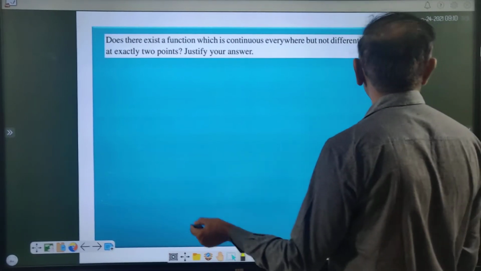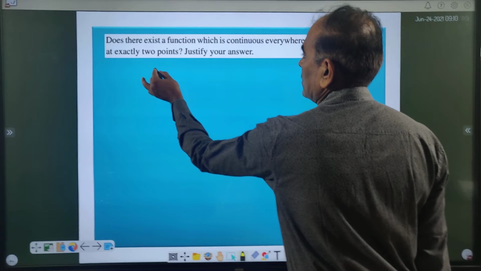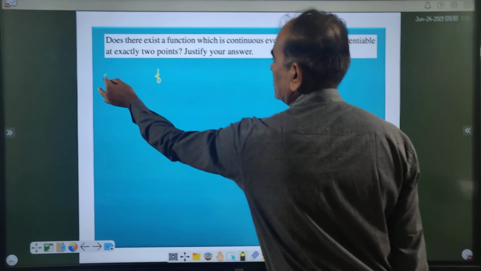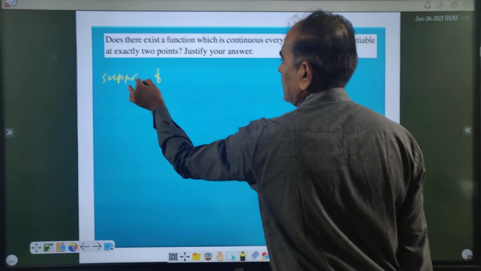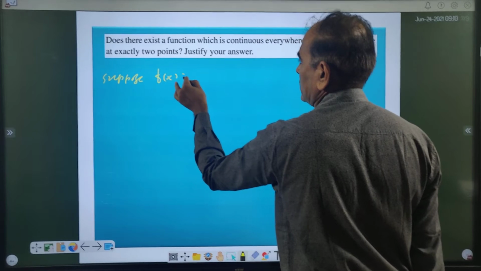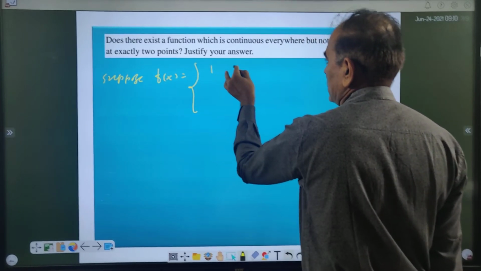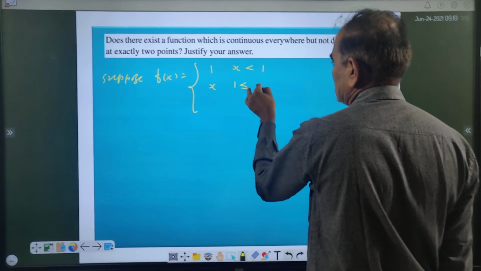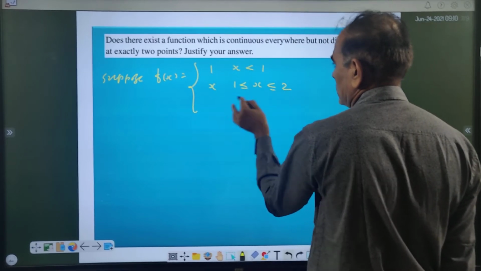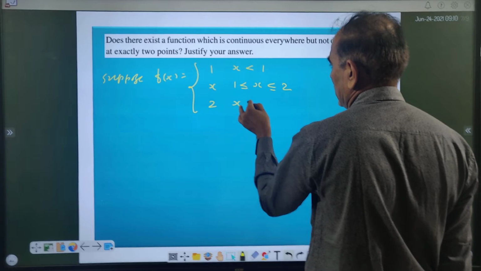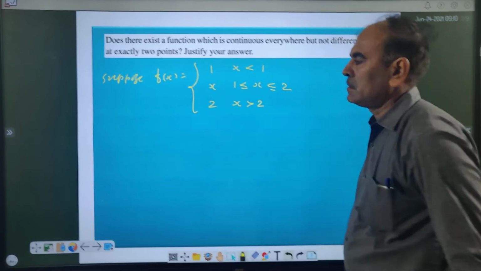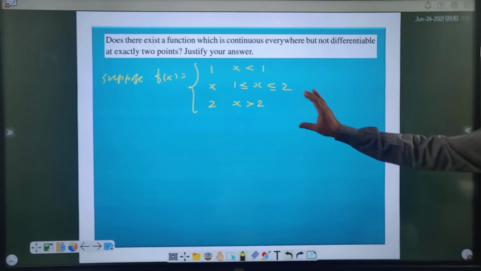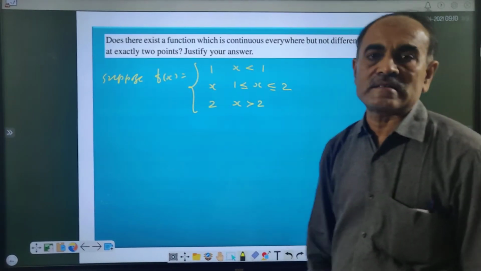Suppose that function f(x) is 1 for x less than 1, x for 1 less than or equal to x less than or equal to 2, and 2 for x greater than 2. Remember this function. Only remember this function for this particular example.